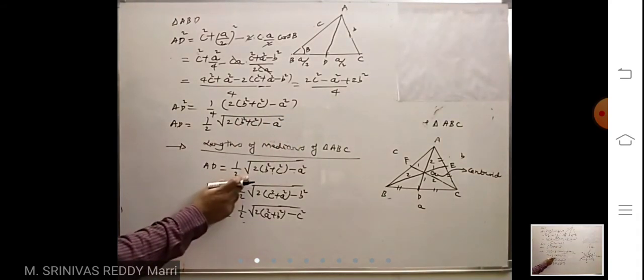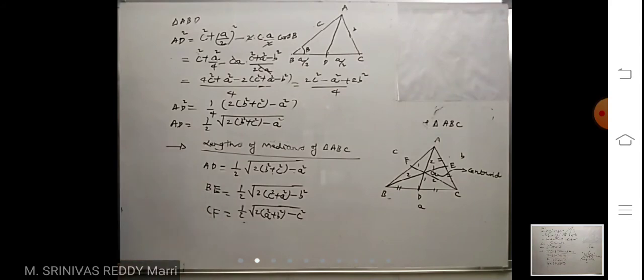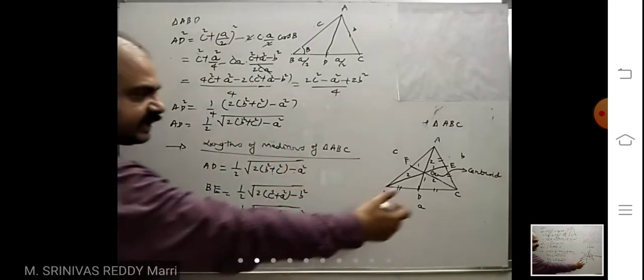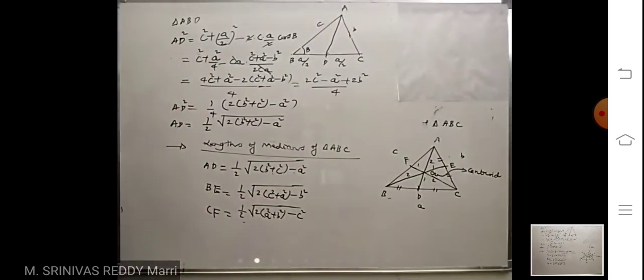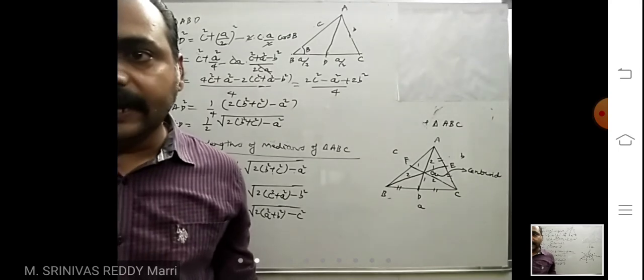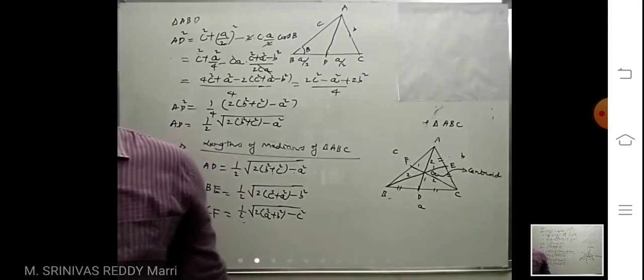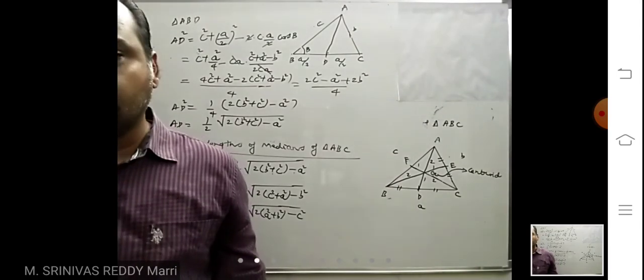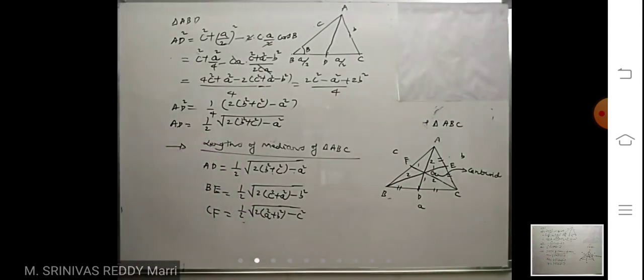This is the median length. Like that BE length, like that CF length. Identify the logic. Just remember this formula. If the sides are known, you can calculate the lengths of medians using this formula. So now you know how to calculate altitude lengths and median lengths. Next, one more is there: how to calculate angular bisector length. Lengths of angular bisectors we will see.